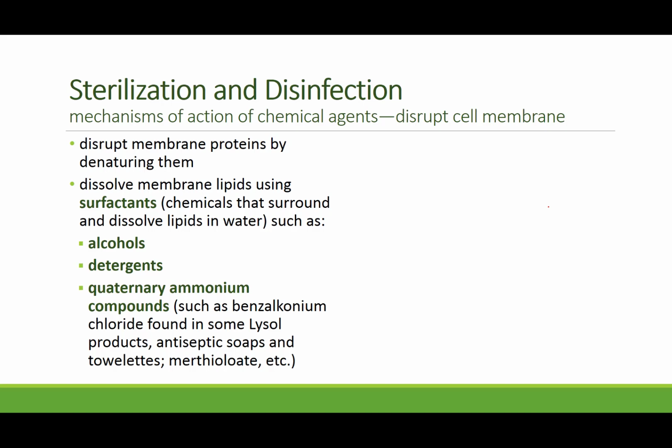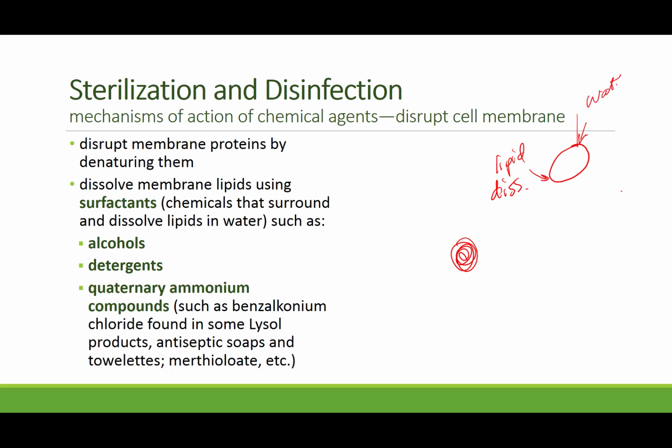The way that surfactants work, if you have a glob of lipid, let's say this is some phospholipid like you would find in a cell membrane, surfactants work because a surfactant has one end of the molecule that dissolves in lipid, so that's the lipid dissolving end, and the other end of the molecule that can dissolve in water.